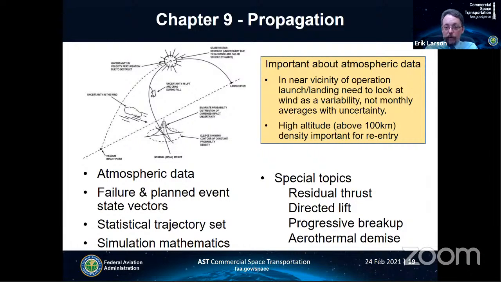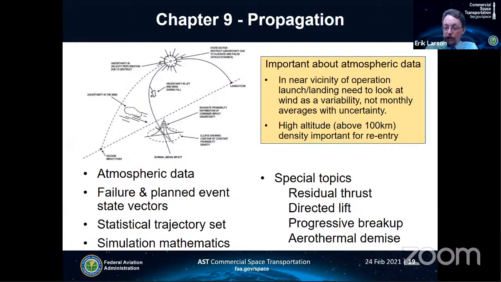The environment is, of course, very important, density and wind being the most important for debris. The failure and the planned event state vectors, that's the initiation points. The statistical trajectories, so what is sufficient to be able to characterize the statistics of debris fall? And how do you simulate those trajectories? What are the mathematics that go into the 3 degree of freedom, typically, model of tumbling debris?